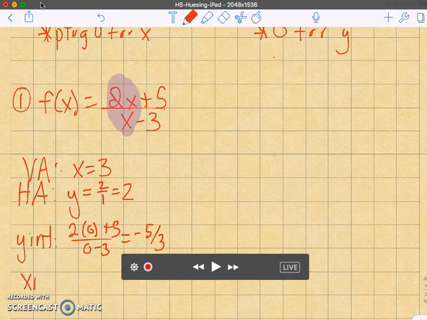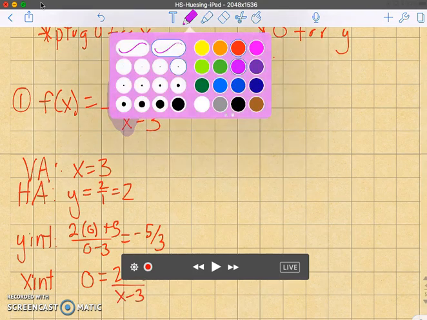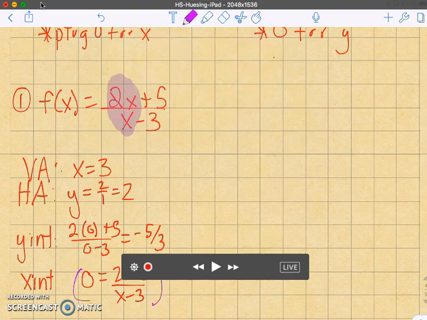And our x-intercept, 0 for y, so 0 equals 2x plus 5 over x minus 3. Now we can solve this because we've been solving these rational equations. So 0 times x minus 3 is 0, equals 2x plus 5. If we solve that, we subtract 5 and divide by 2.